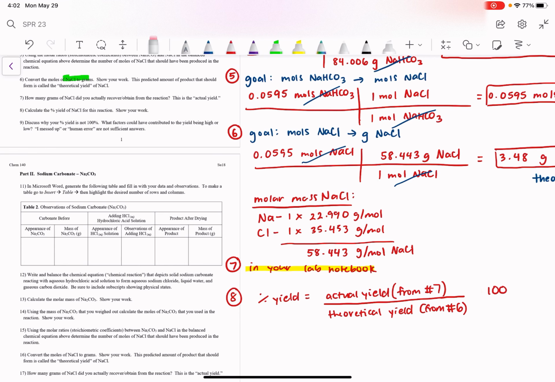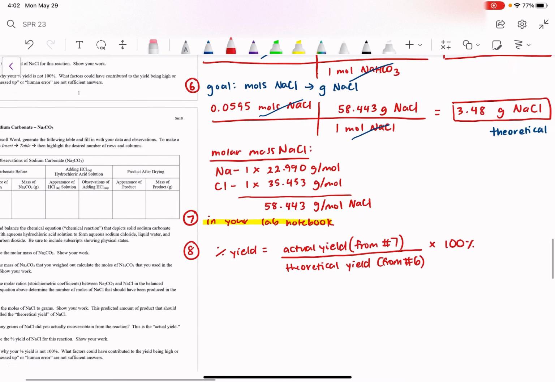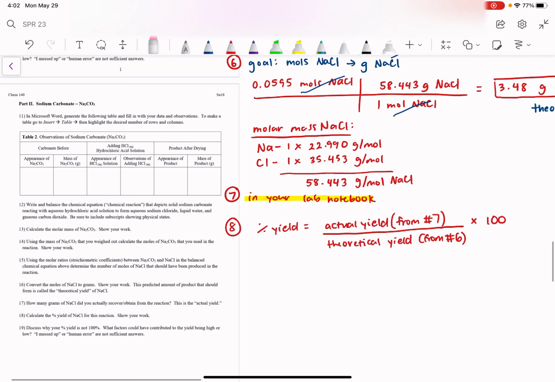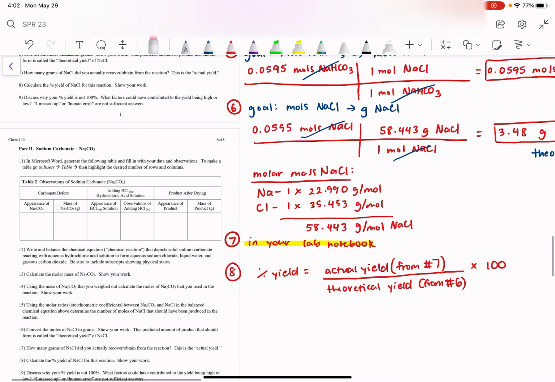And that times 100 is actually just to put it into a percentage, okay? So just times 100 and that'll give you a percent. I'm not going to do that part for you because I don't have a number for number 7, but I think you got this.